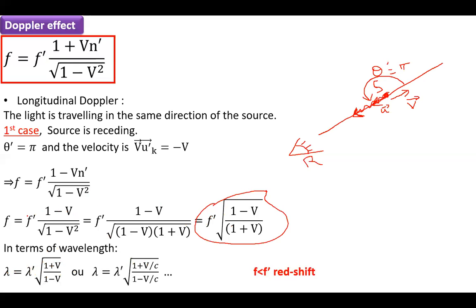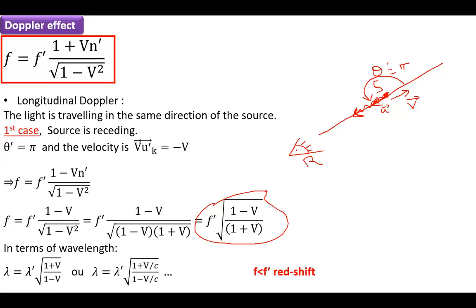Okay, so I care about the frequencies more than the wavelengths. If you look at f, it is equal to f prime times the radical of 1 minus v over 1 plus v. The numerator is less than the denominator, so f is less than f prime.